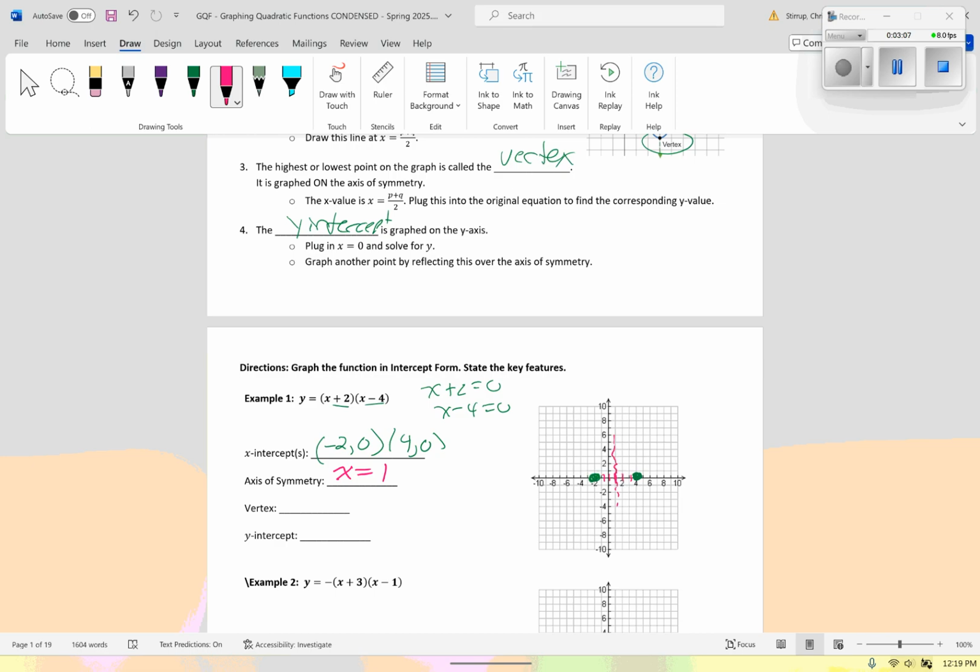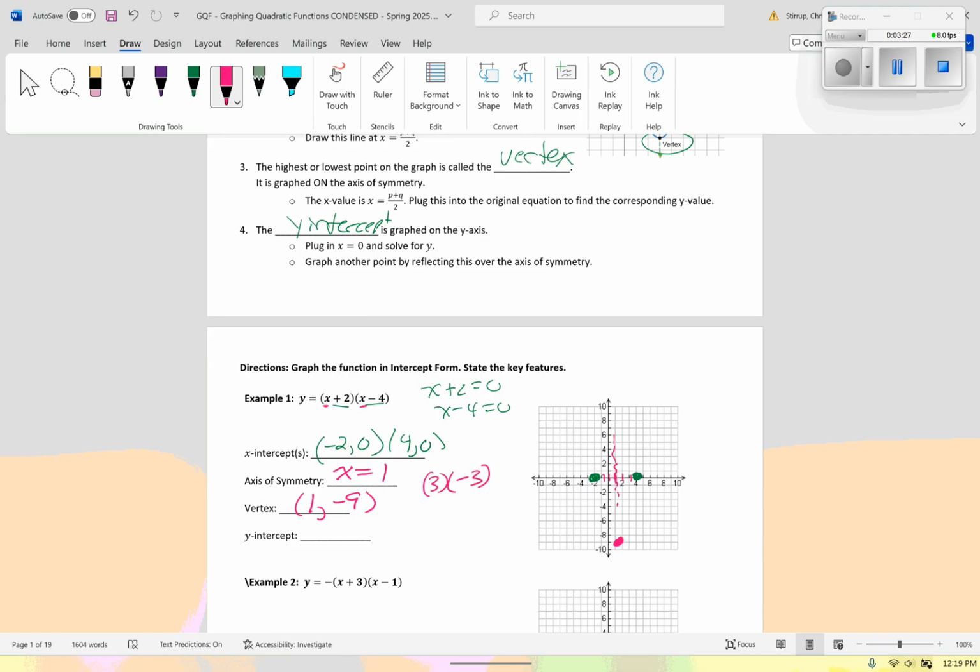Our axis of symmetry is going to be x equals the middle point, the point that's halfway in between negative 2 and 4. The vertex, I'm going to take this 1 and I'm going to plug it in for my x values here and here. So if I get 1 plus 2, that's 3, times 1 minus 4 is negative 3. So my vertex is going to happen at 1, negative 9. So the axis of symmetry takes place, and then I have negative 9 down here.